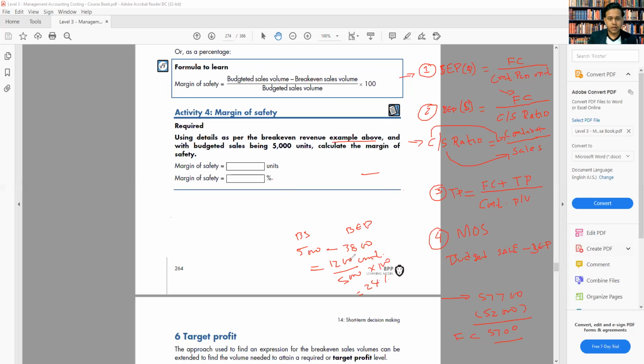They ask how much is the margin of safety. So budgeted sale minus break-even is the margin of safety. So 1,200 is the margin of safety. And they ask what is the percentage. If you like to get the percentage, you use this formula: 1,200 margin of safety divided by the budgeted sale, that is 5,000 units, times 100, which will give you 24%. That's it.